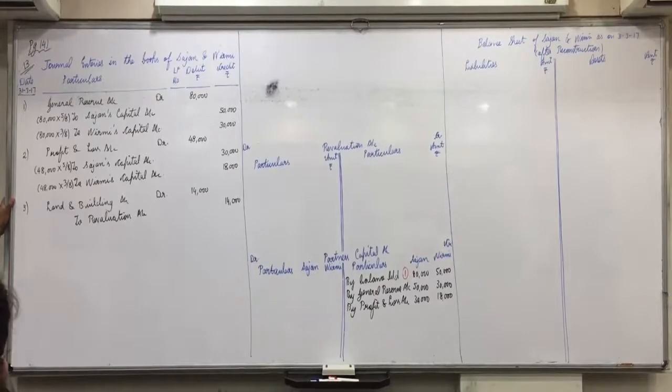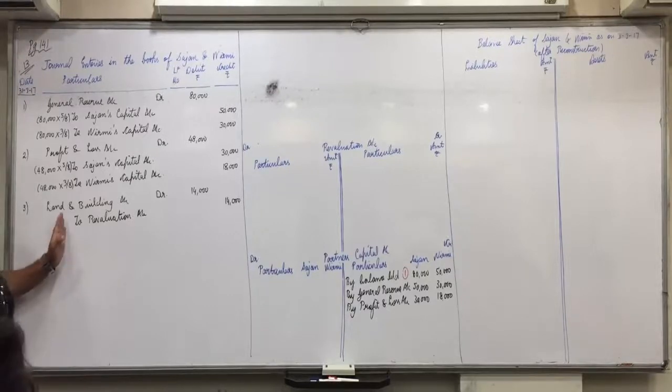So your entire marks in the exam will be dependent on revaluation adjustments only. This is the only thing you will be able to do perfectly well. The rest will be beyond the limit of most of you to understand. So understand this topic perfectly well. It is a complicated chapter, and the rest of the parts are complicated in further chapters. Okay? Anyone who is not clear with that?